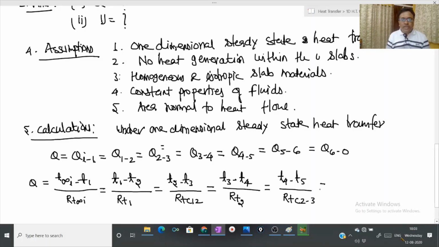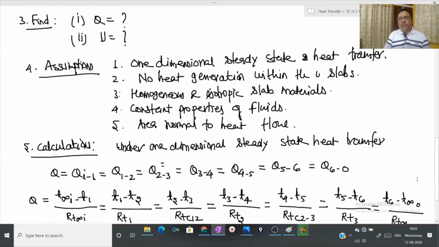Then the rate of heat transfer in the plate material between the temperature drop T5 T6 and thermal resistance RT3, and finally T6 minus T infinity O over RT infinity O. This is the rate of heat transfer from cold air.